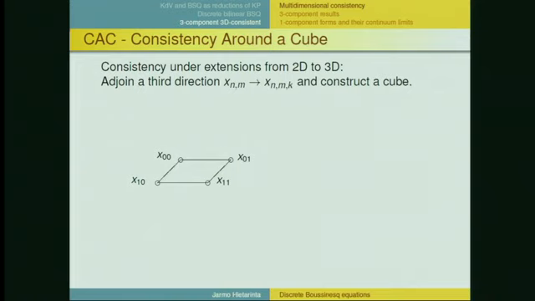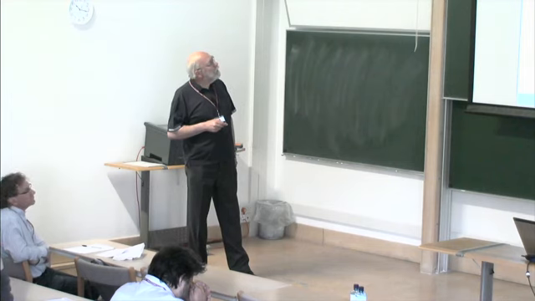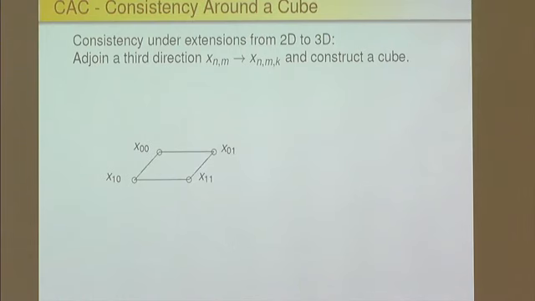Here, the definition of integrability is consistency around the cube. What does that mean? It means that our equation lives on this square, on this plane. We pick one square, and we have an equation that connects the values at these corner points, and it is multilinear.